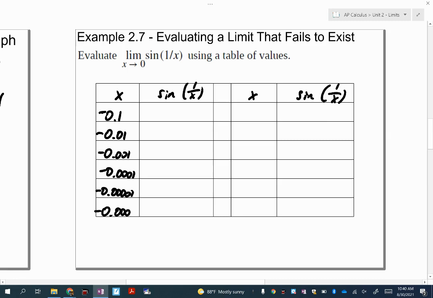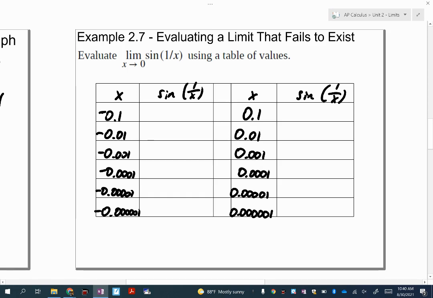Getting really close. One more. And then from the right side, can I fit it in here? Good. Awesome.